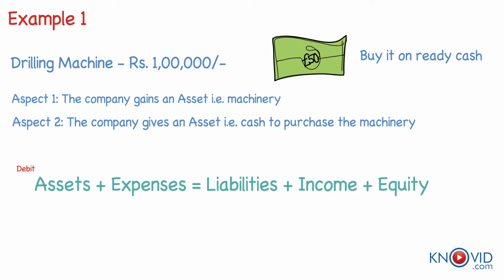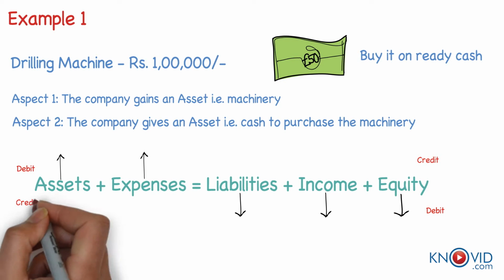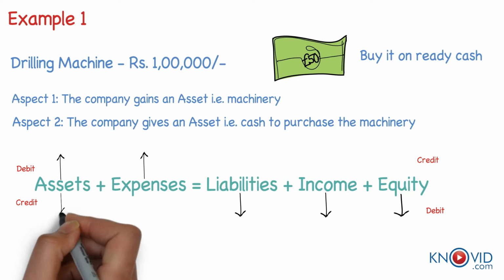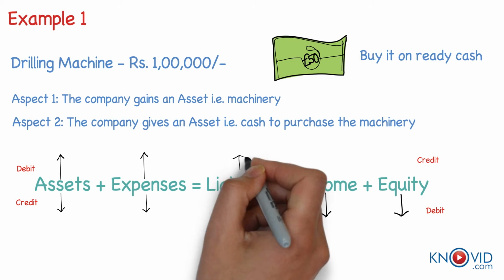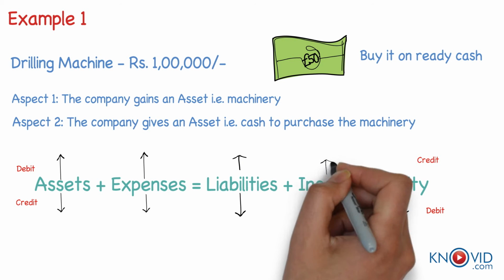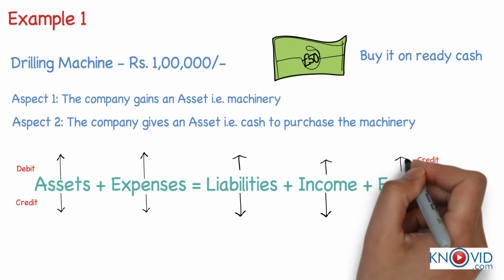As we saw in the dual aspect concept, we debit when assets or expenses increase or when liabilities or income or equity decreases. We do the opposite for credit. That is, we credit when assets or expenses decrease or when liabilities or income or equity increases.